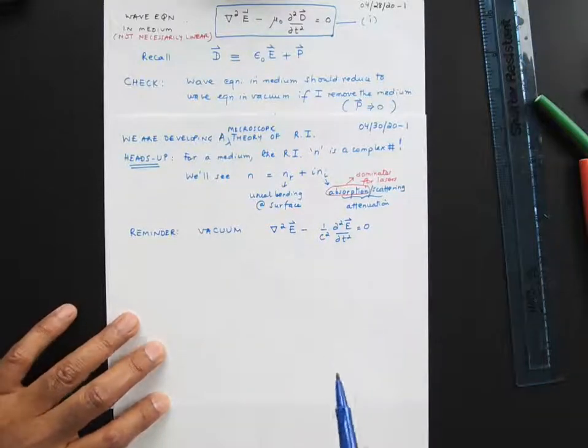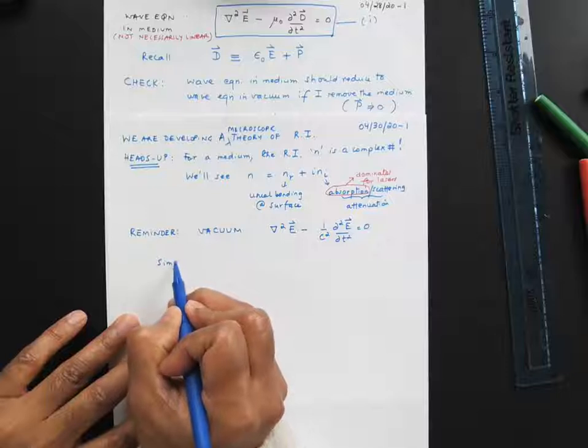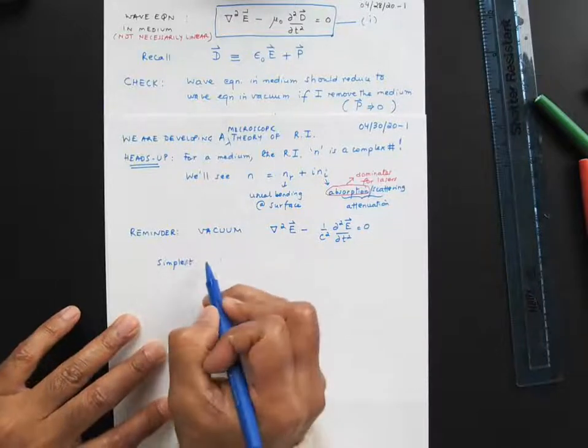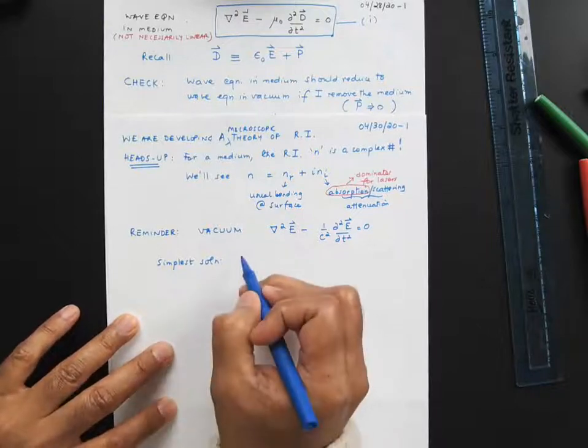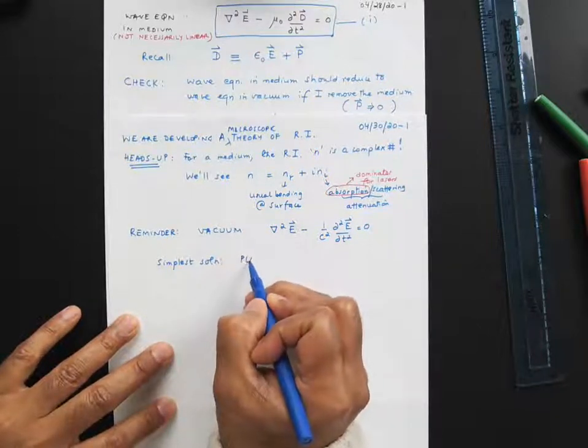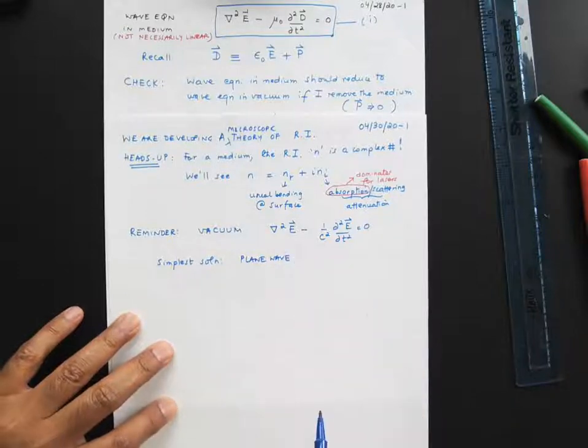The simplest solution to the wave equation is the plane wave. There are other solutions, but the plane wave is the simplest.